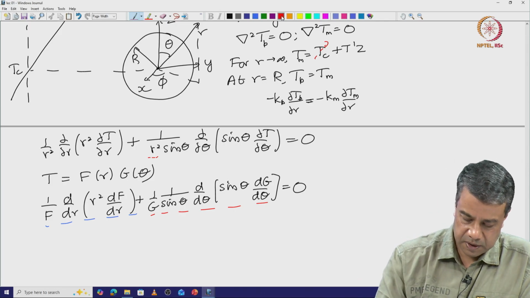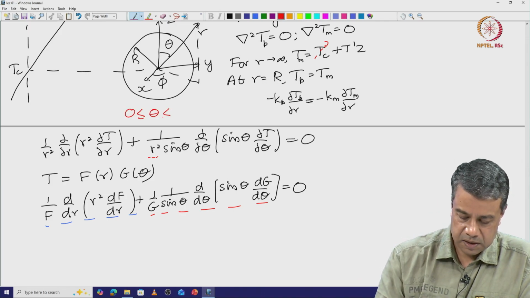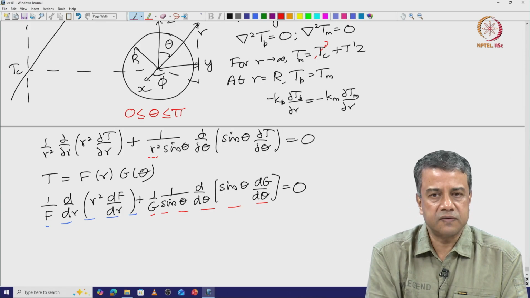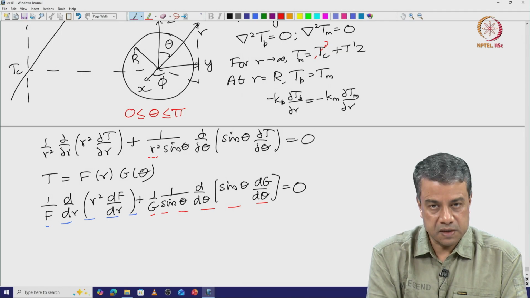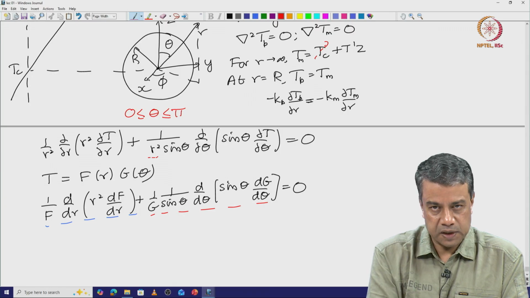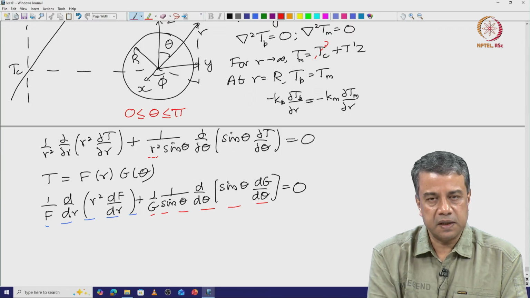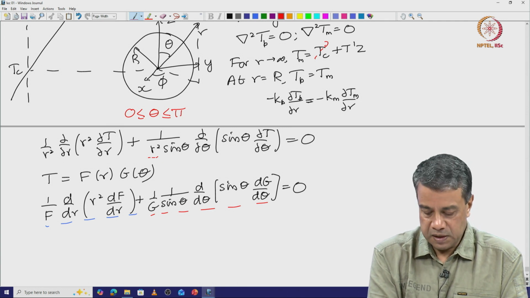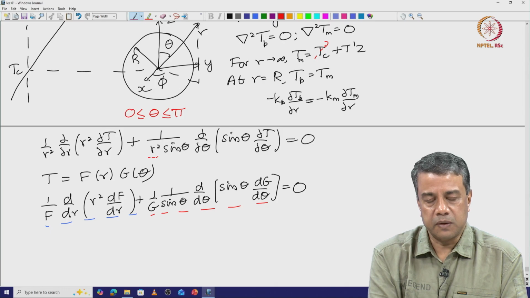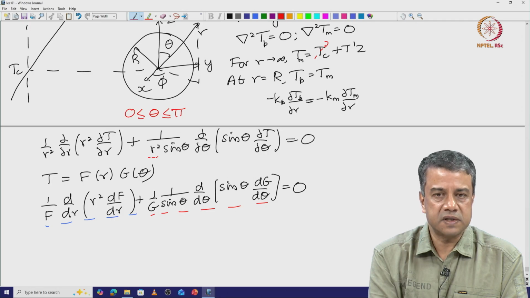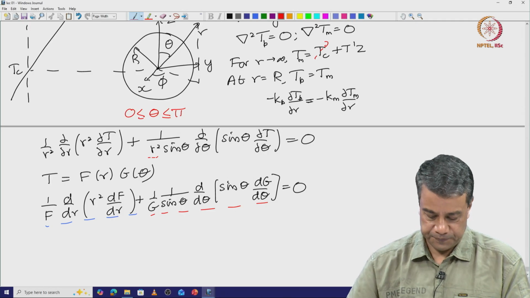At theta equal to 0 and theta equal to pi, which correspond to the north pole and the south pole, or the plus z axis and minus z axis, there is no physical boundary. Therefore, any homogeneous boundary condition has to arise from symmetries, as it did at the axis of a cylinder in our cylindrical coordinate system.